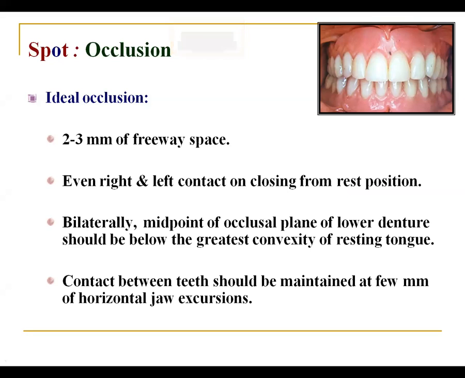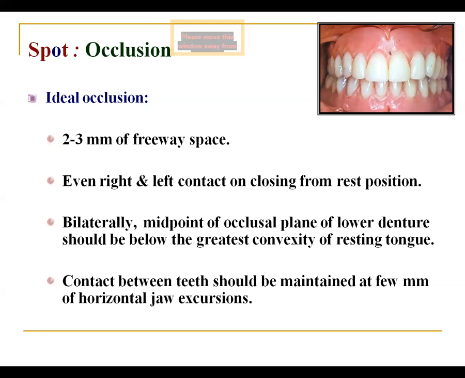In denture assessment, we have seen general examination, we are now seeing the denture based examination, and we will see tooth examination afterwards. So as far as occlusion is concerned, we already know there is a freeway space of 2 to 3 mm that we have to maintain.